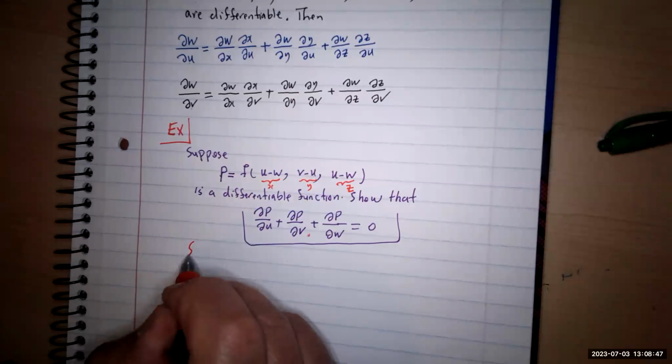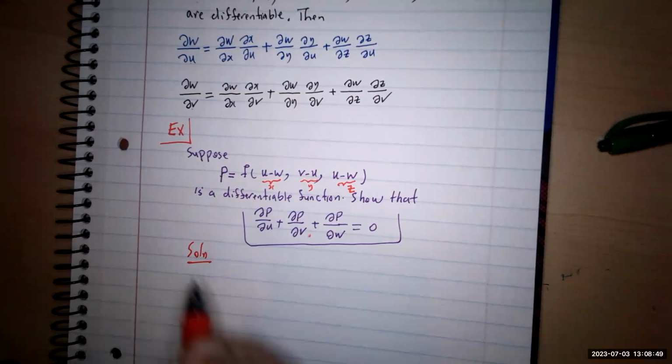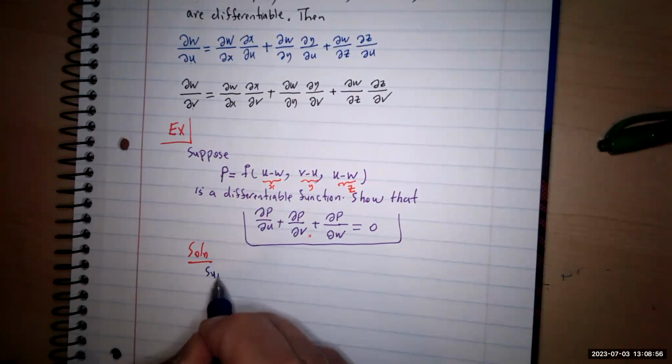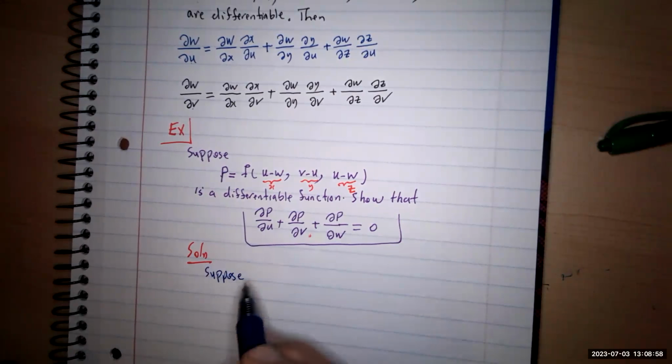So for the solution, you have to simplify the function, otherwise we can't do it. We can change it to a function of three familiar variables, if you like.